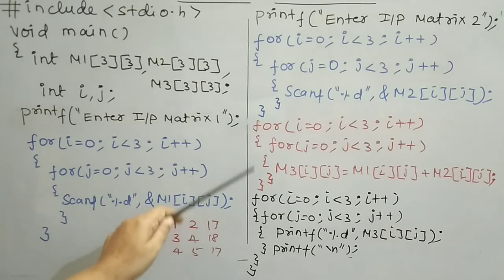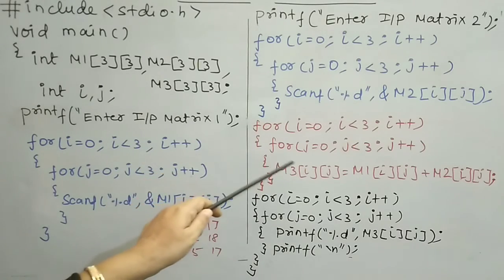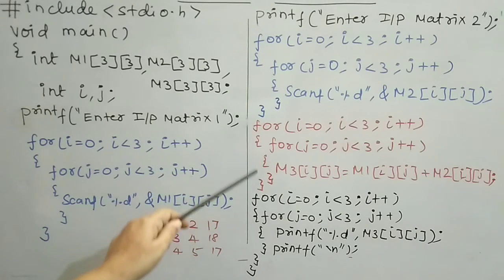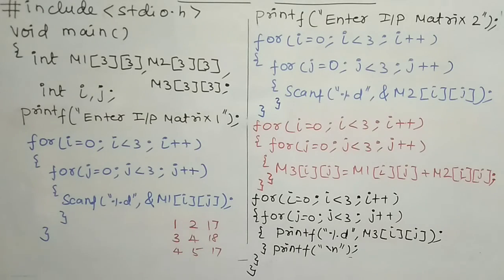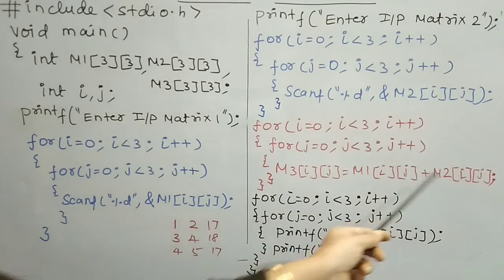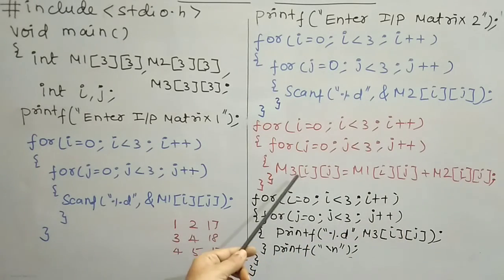The statement written in red color is used to perform the matrix addition, which adds the elements in M1 and the corresponding elements in M2 at index position i, j, and assigns the result to output matrix M3 at the same index position i, j.